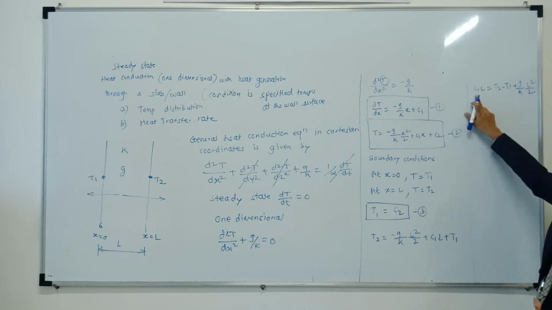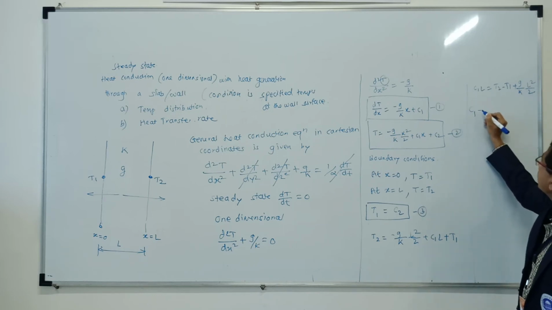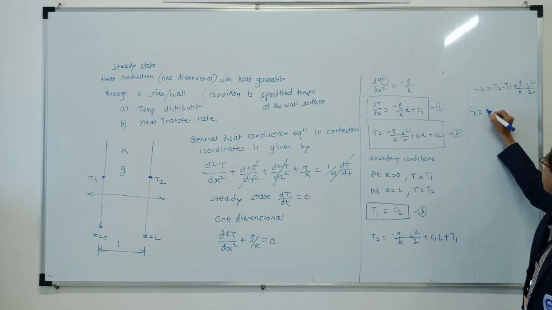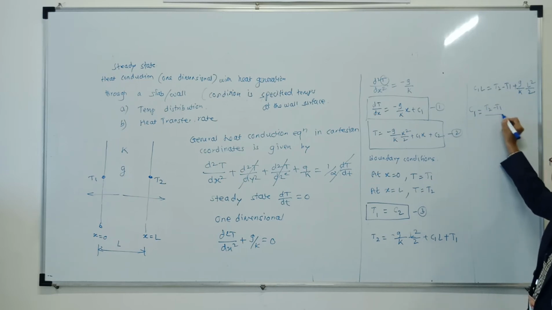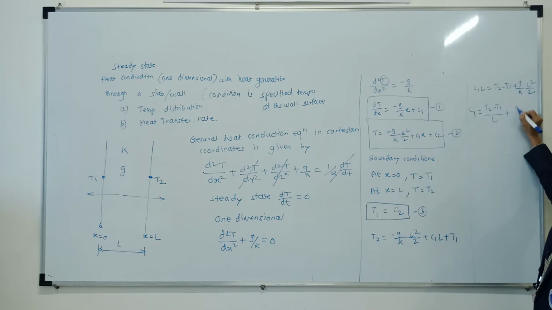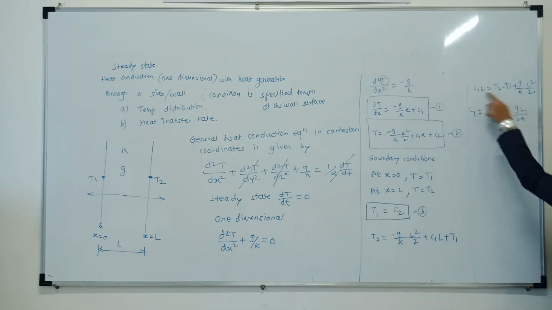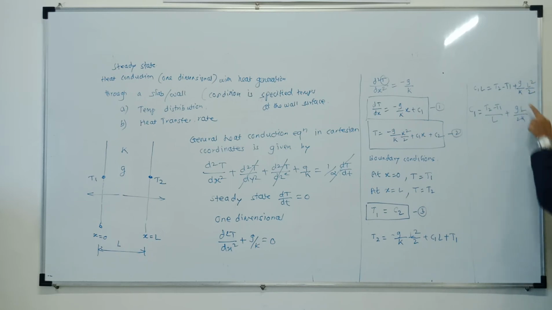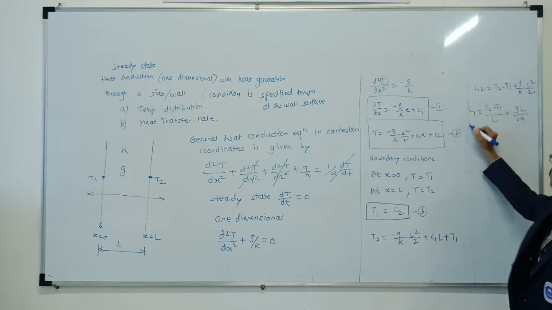Now what is the value of c1 then? c1 is equal to, this L comes on this side, T2 minus T1 divided by L, plus g L by twice k. When this L comes here, L square divided by L becomes L, and it is twice k. So I got the value of c1 also.